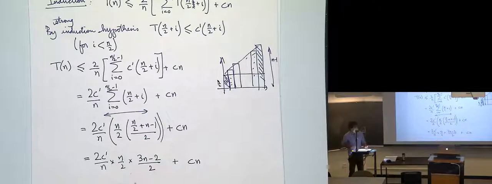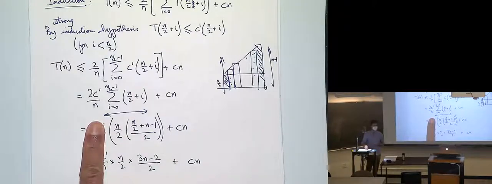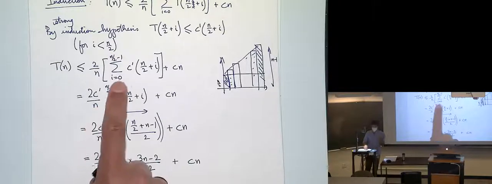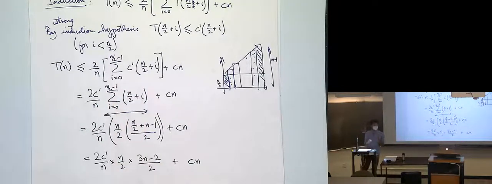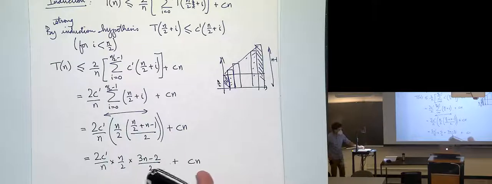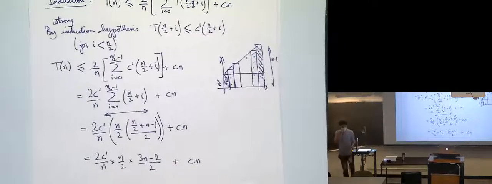If you really wanted to see where the 3n/4 is coming from, if you ignore this, then you get something that looks like 3n/4, which is exactly the average size. Because you're taking the average of the runtimes, but the runtimes are linear. And when it's linear, it's the average of the size. It's like saying if you average a linear function, it's just the linear function on the average value. That averages 3n/4 with some lower order change. There's the minus 2 which you can ignore, which is lower order with respect to this.